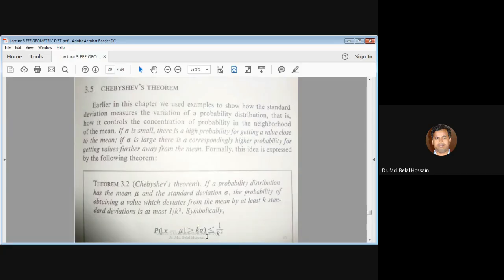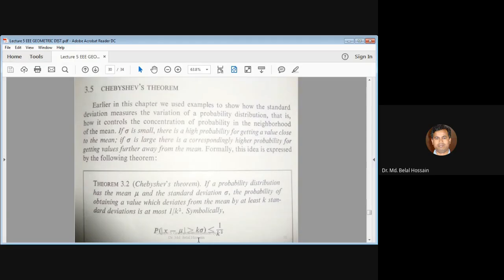Okay, একটা ডিস্ট্রিবিউশনের মিন থেকে তার ইন্ডিভিজুয়াল ভ্যালুগুলার দূরত্ব যদি k সিগমার থেকে বেশি হয়, তাহলে তার প্রবাবিলিটি বড় জোর 1 বাই k স্কয়ার হবে। So this theorem tells us how these x values are distributed around the mean.